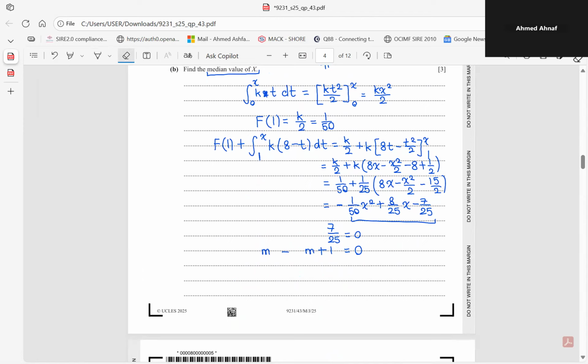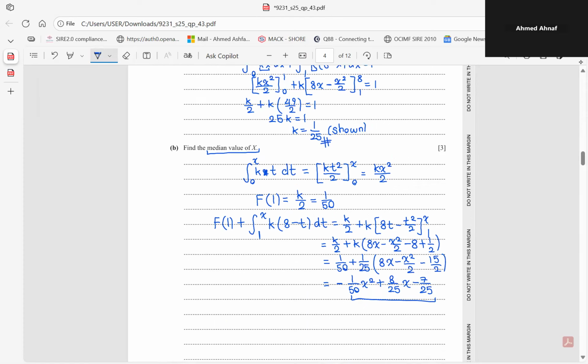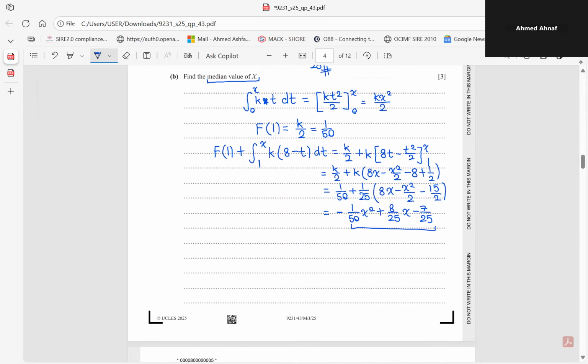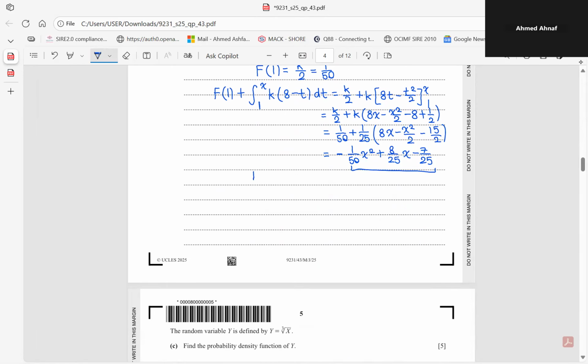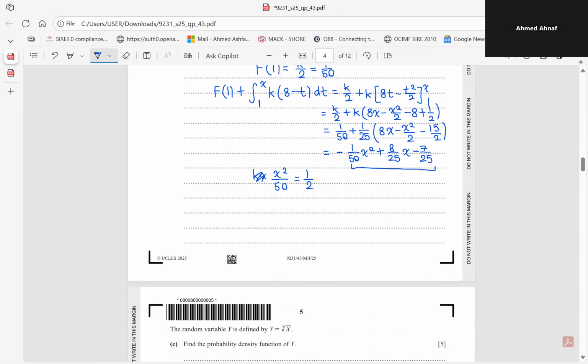You have to use your calculator to solve, and if you see that the solutions aren't within the given range of x for the respective PDF, in this case between 1 and 8, then we have to reject. So let's try the second one.